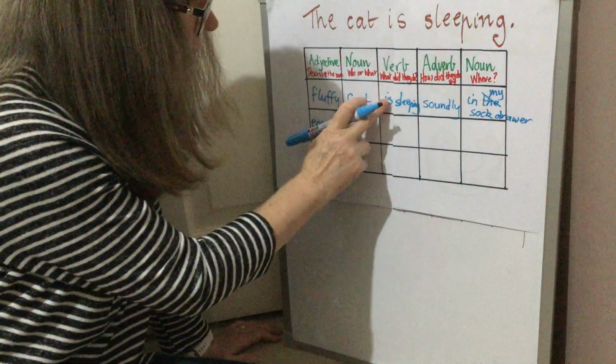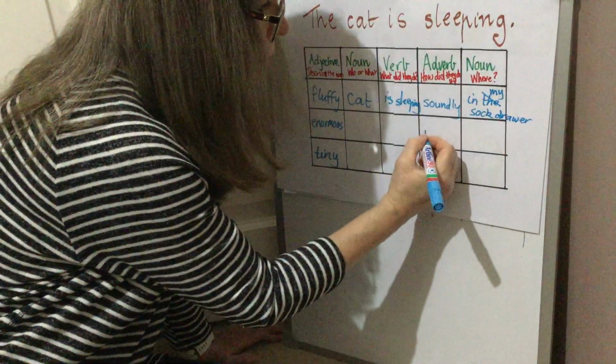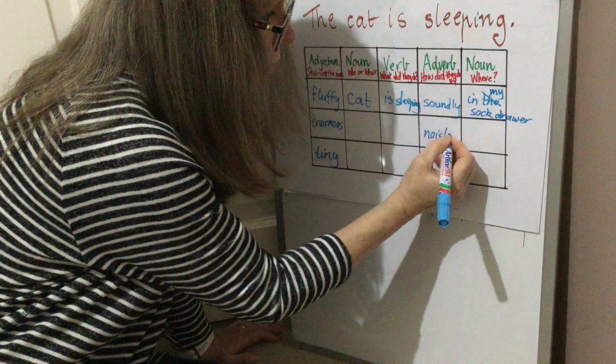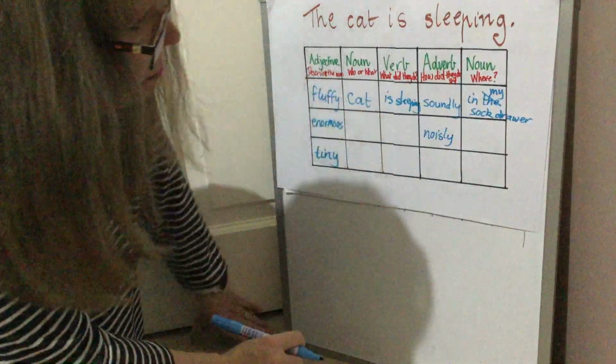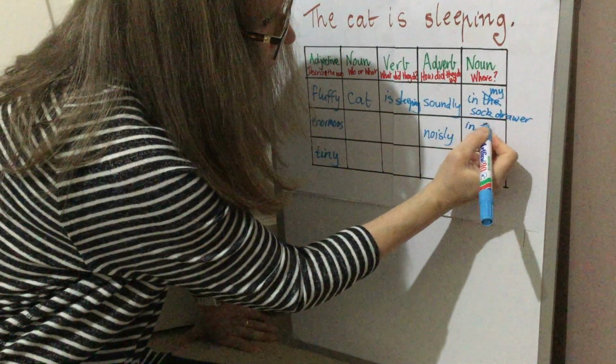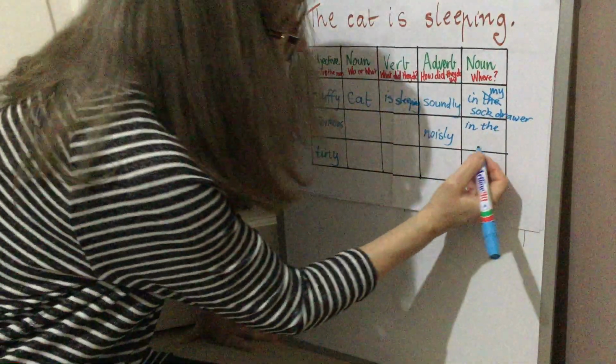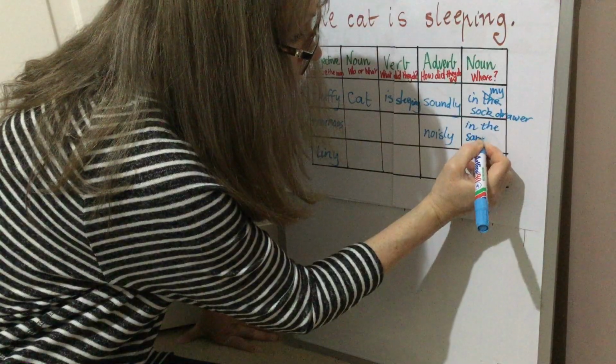The cat is sleeping noisily, so it might be doing lots of purring in its sleep. Where could it be this time? In the sand pit. Maybe it's outside in your sand pit.